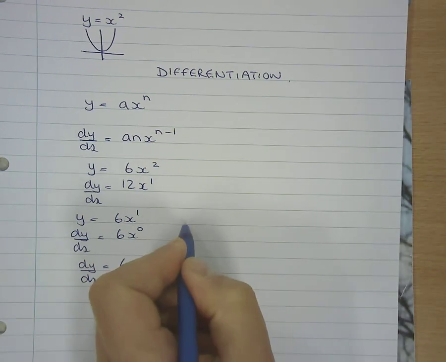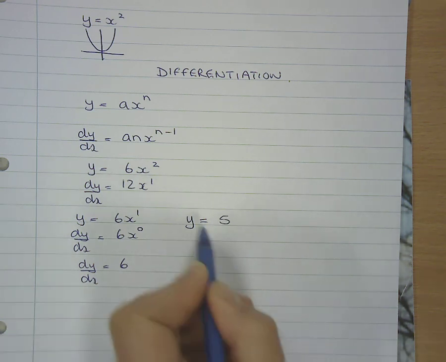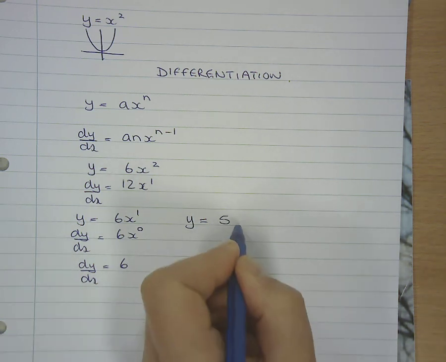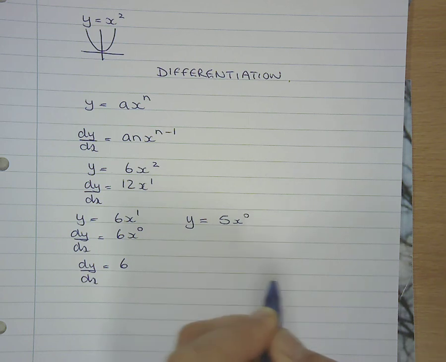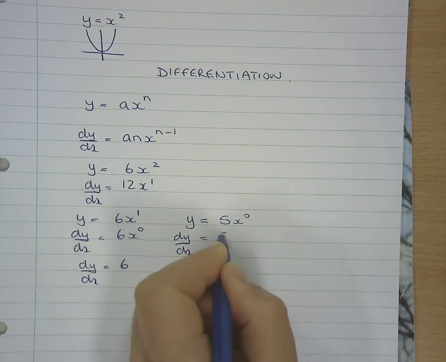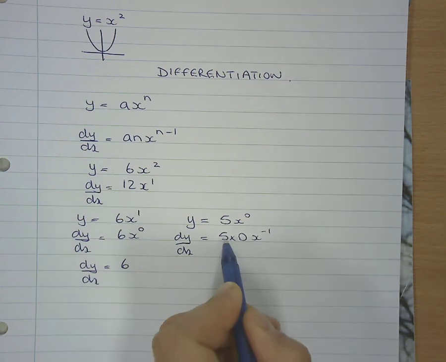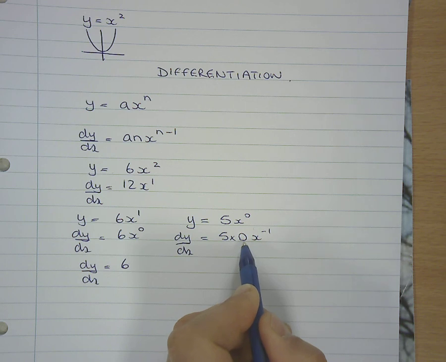Similarly, if I do take just y equals 5, technically as a power of x, that means 5x to the power 0. So when I differentiate this, I get 5 times 0, x to the minus 1. But of course 5 times 0 is just 0.